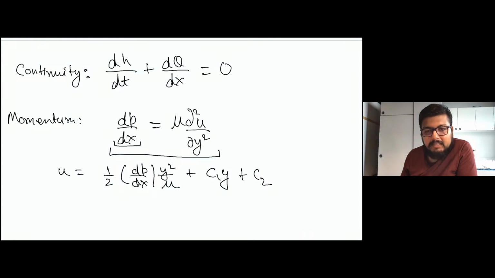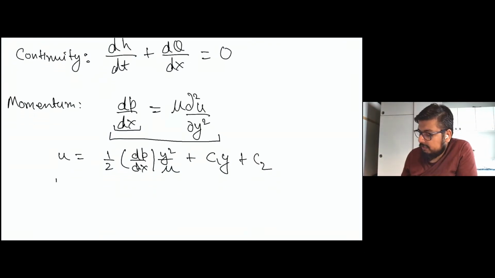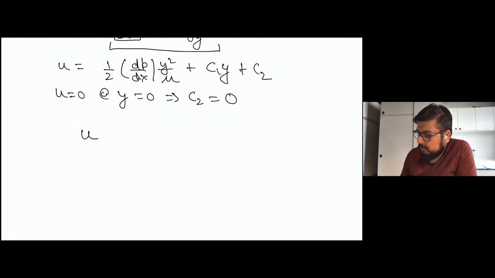Now if we plug in the first boundary condition, u is equal to 0 at y equal to 0, we get that c2 is equal to 0. So the equation now reads u is equal to half of dp/dx y squared by mu plus c1 y.